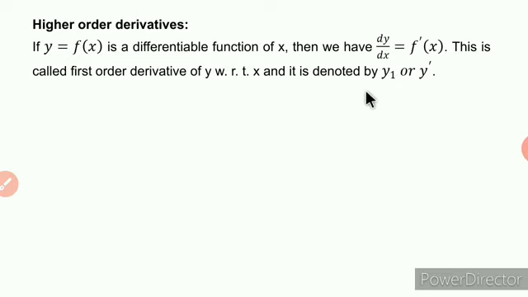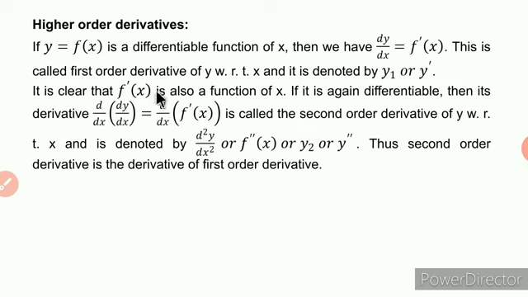x, and if it is differentiable, then its derivative exists. So it is clear that f dash of x is also a function of x. If it is again differentiable, then its derivative is given by d by dx of dy by dx, which is equal to d by dx of f dash of x.